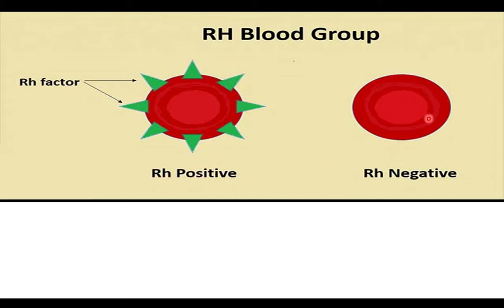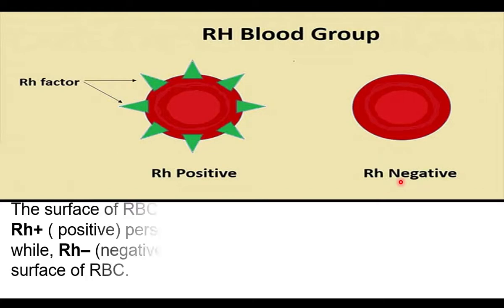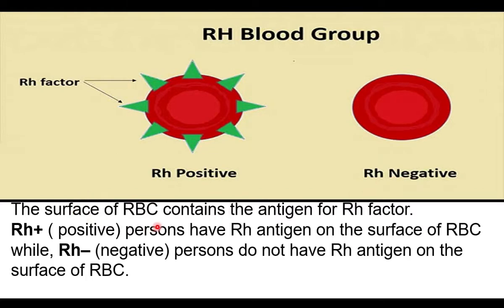If no Rh antigen is on the surface of RBC, the blood group is Rh negative. Rh positive persons have Rh antigen on the surface of RBC, while Rh negative persons do not have Rh antigens on the surface of RBC.